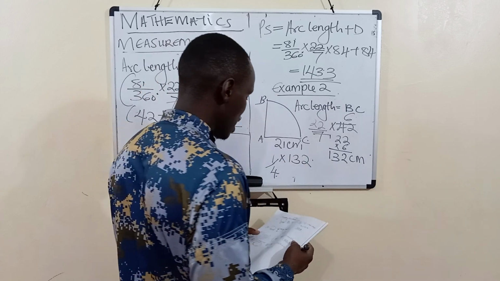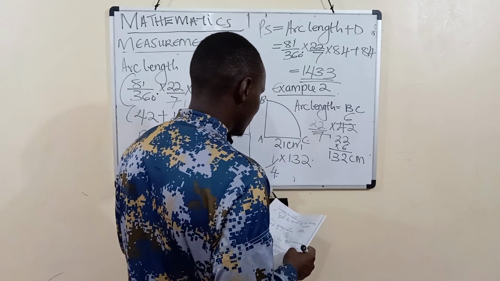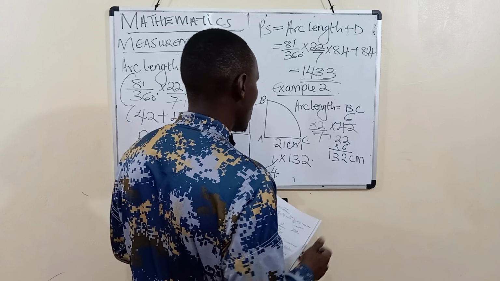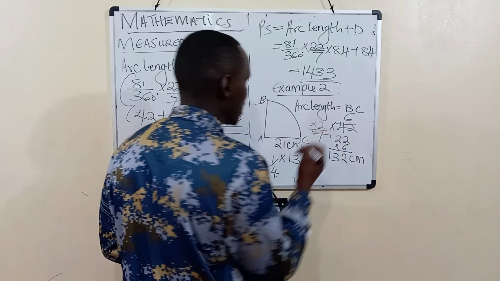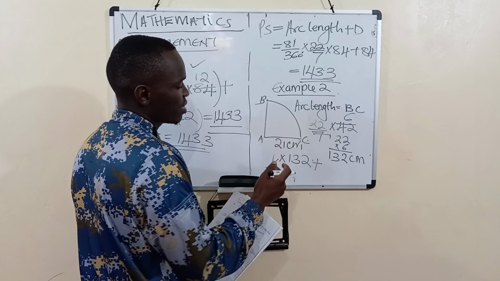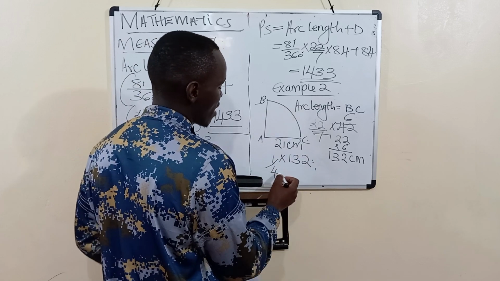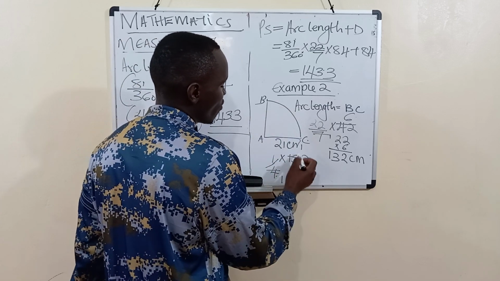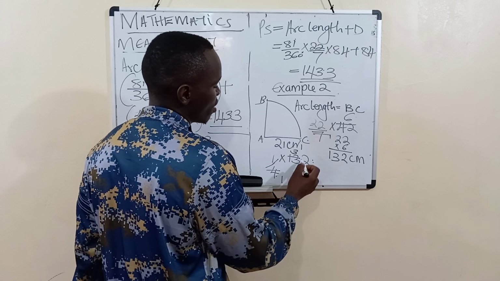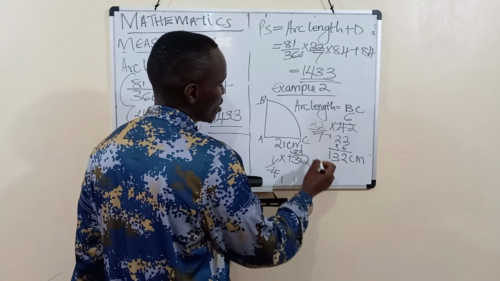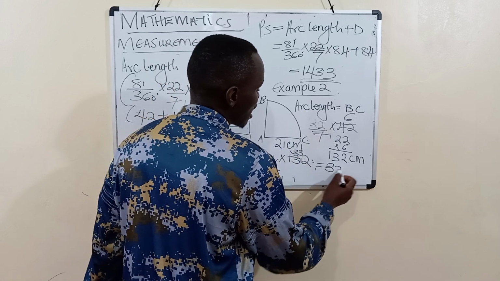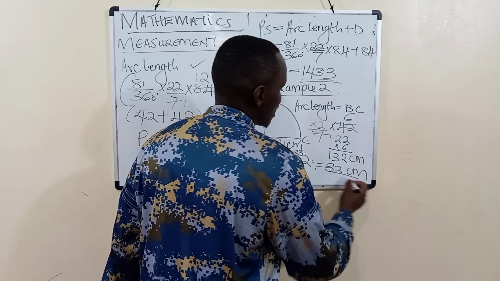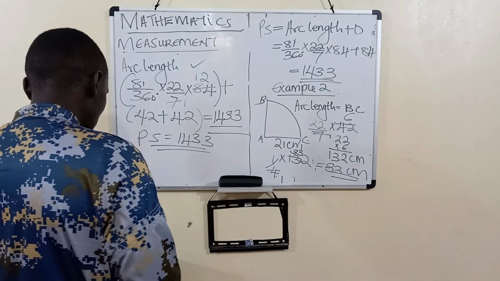When you get a quarter of the circumference, let's solve this by 4: 132 divided by 4 is 33. So the arc length is 33 centimeters.